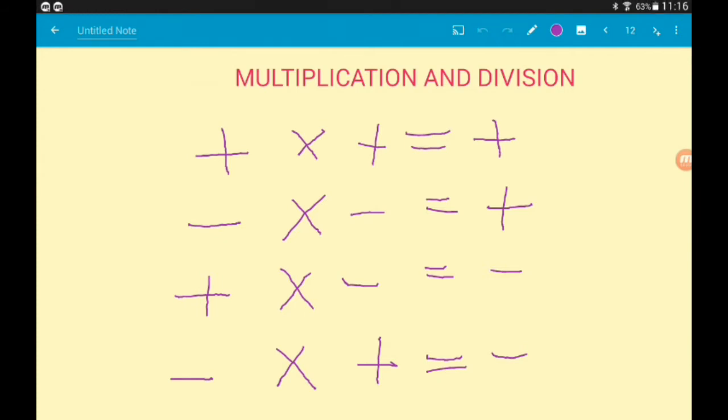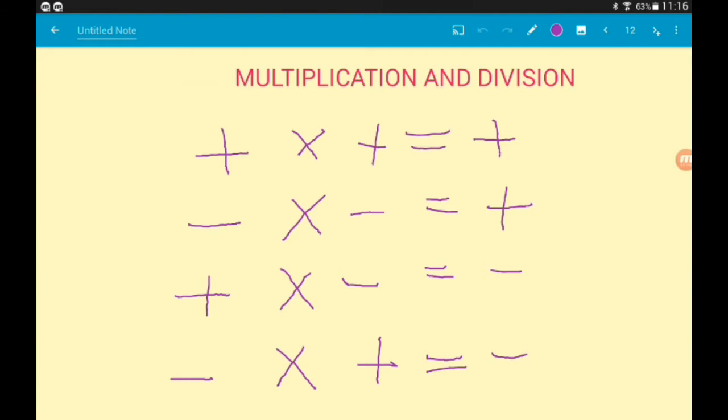Really, division is a multiplication, so the same rules apply for division. A positive times a positive gives us a positive. A negative times a negative gives us a positive. So a positive divided by a positive gives us a positive, and a negative divided by a negative gives us a positive. So when the signs are the same, we get positives.